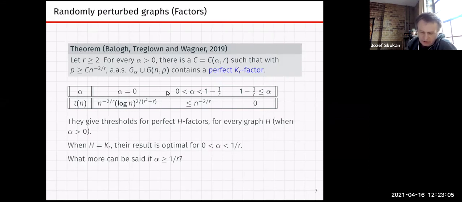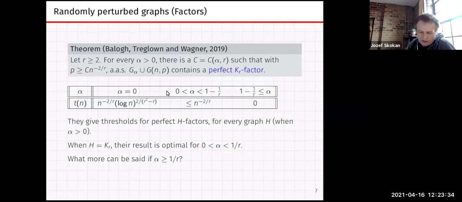So this result tells you that the upper bound on the threshold is equal to this. They extended this result not only to the perfect K_r factor, but also to perfect H factors for every graph H, when alpha is at least 0. And when H is equal to K_r, the result they prove is optimal for alpha at most 1 over r.